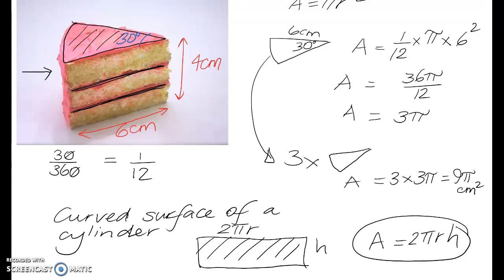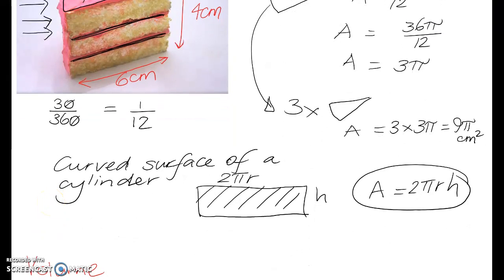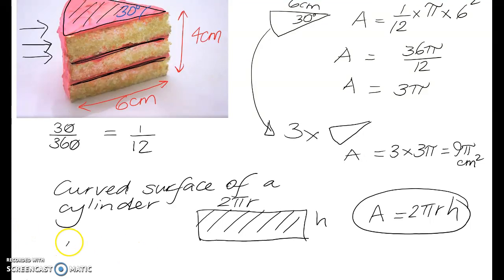But remember, we don't want the whole cylinder, we've only really got a part of it. What fraction of it do we have? Well, we've got 1/12. So that side there is 1/12 of the whole curved surface of that cake before it was cut. So that part there is going to be 1/12 of 2 pi times the radius times the height.